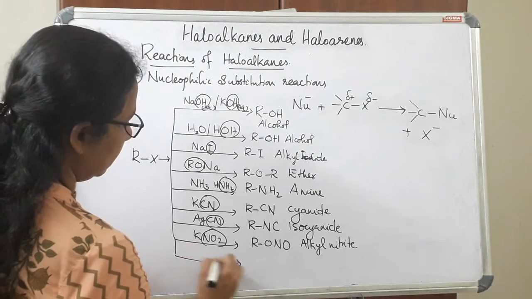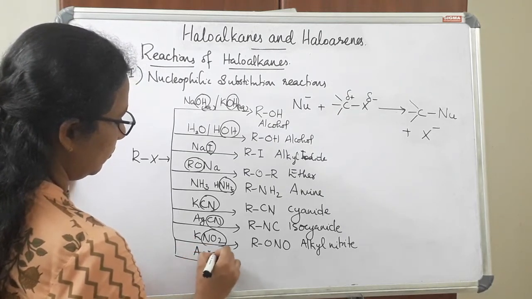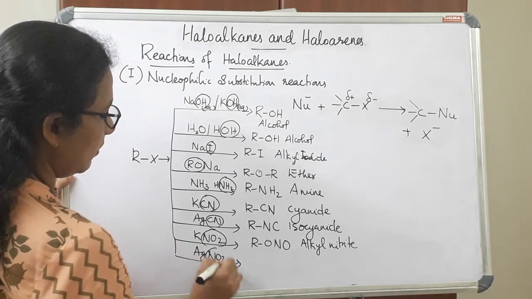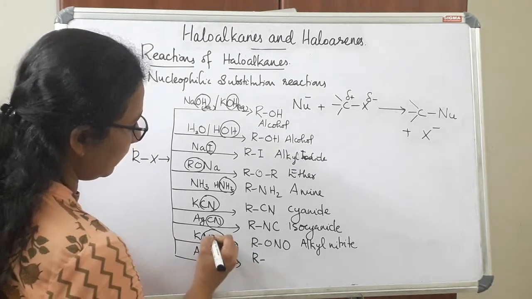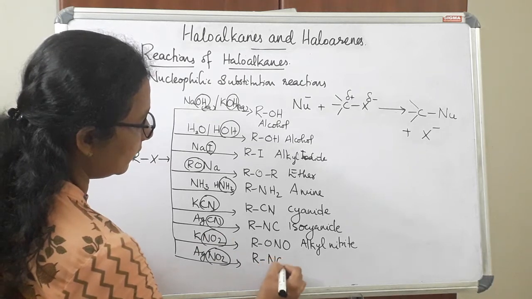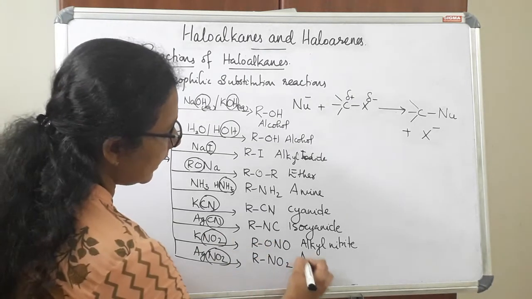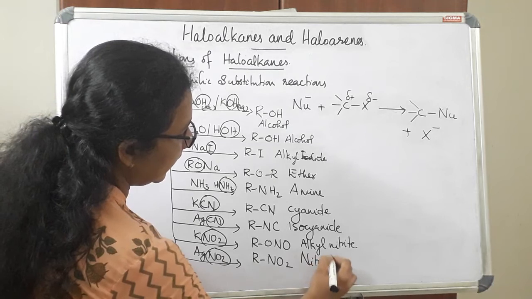And again AgNO2 is the reagent. Here also NO2 is the nucleophilic part, but the linkage is different from KNO2. It is RNO2, and this is nitroalkane.